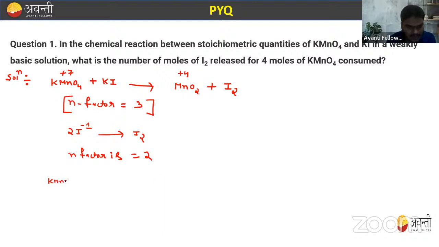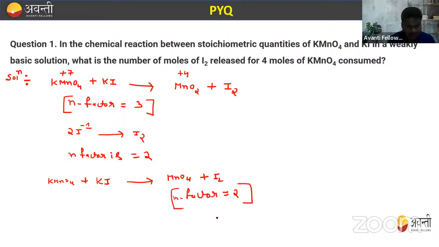Now, this KMnO4 reacts with KI. Everything is given in the question. It reacts with KI. What will they form? They will form MnO2 plus I2. And here also the N factor is 2. N factor is equal to 2. And here the N factor is equal to what?